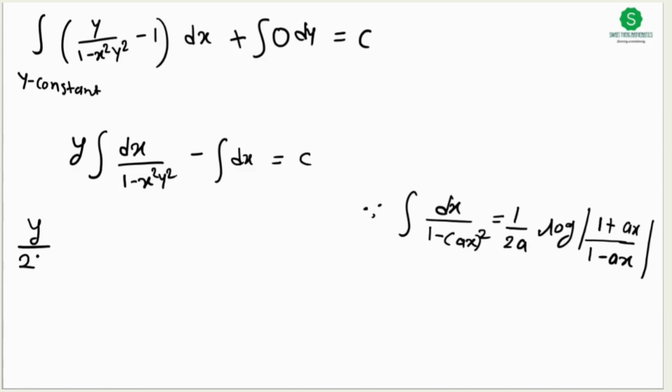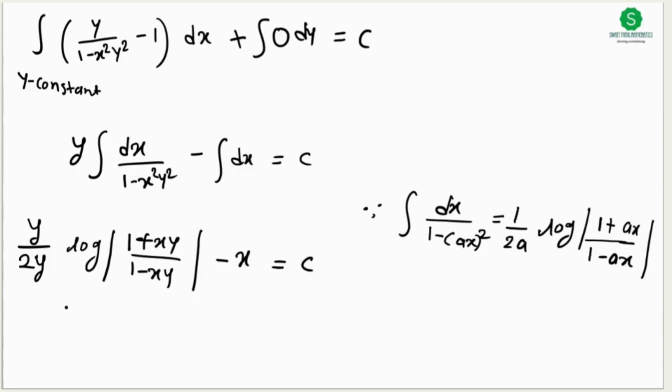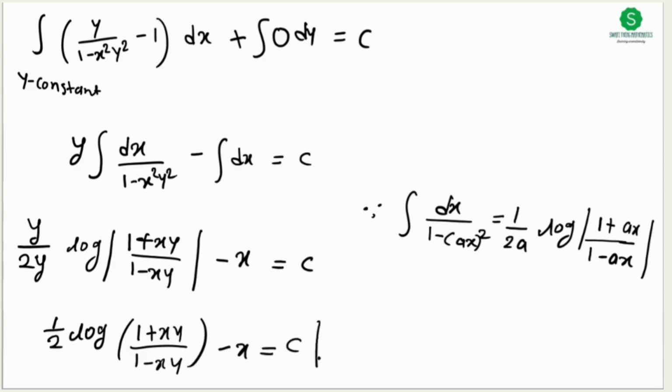So 1 upon 2y, log of 1 plus xy upon 1 minus xy, minus integration of dx is x, equals c. This y gets cancelled, so the final answer is 1 by 2 log of 1 plus xy upon 1 minus xy minus x equals c.